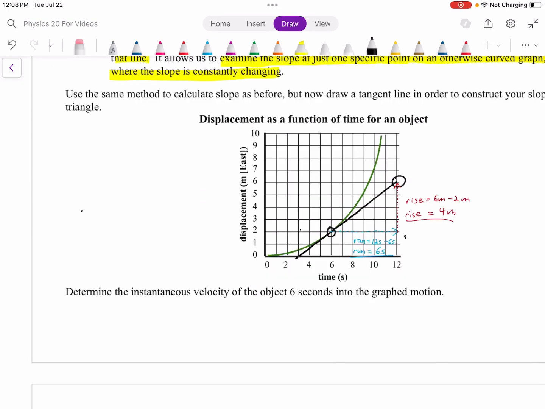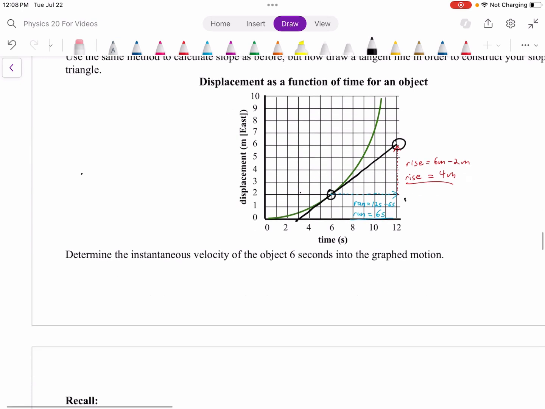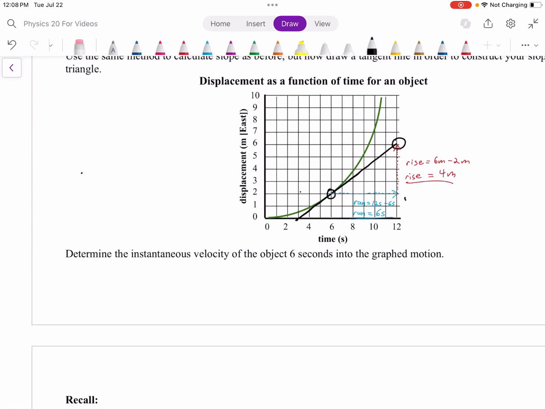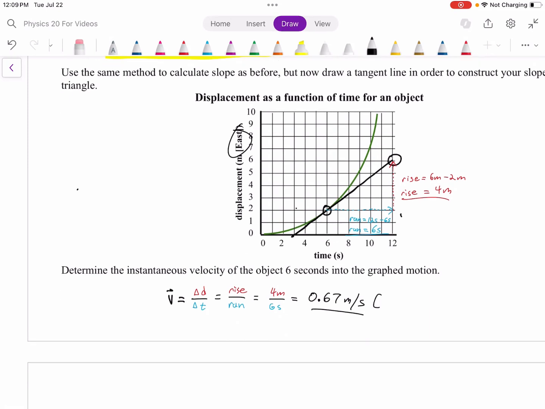So with a rise of 4 meters and a run of 6 seconds, okay, we can go ahead and calculate the slope and therefore the instantaneous velocity. So we got a rise of 4 meters during a run of 6 seconds, and that's going to give us that the instantaneous velocity is 0.67 meters per second. Okay, in this case, it's positive, so that means it's to the east.